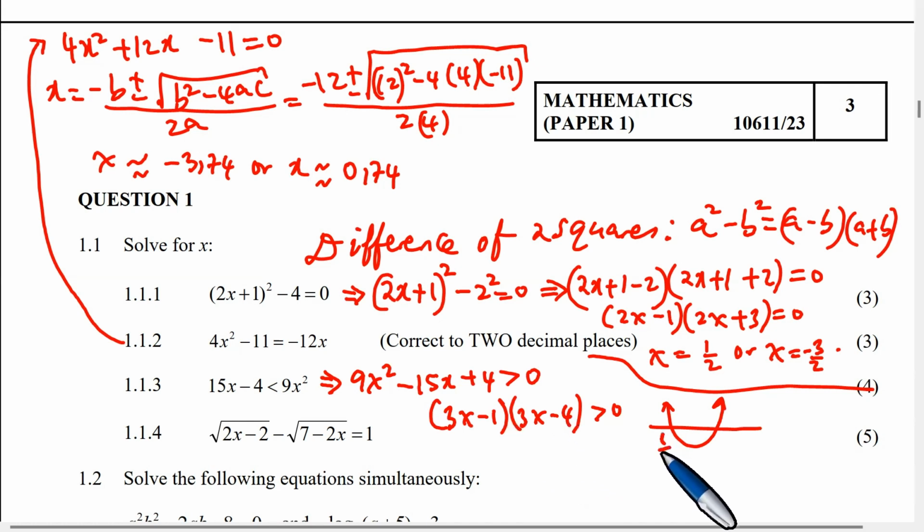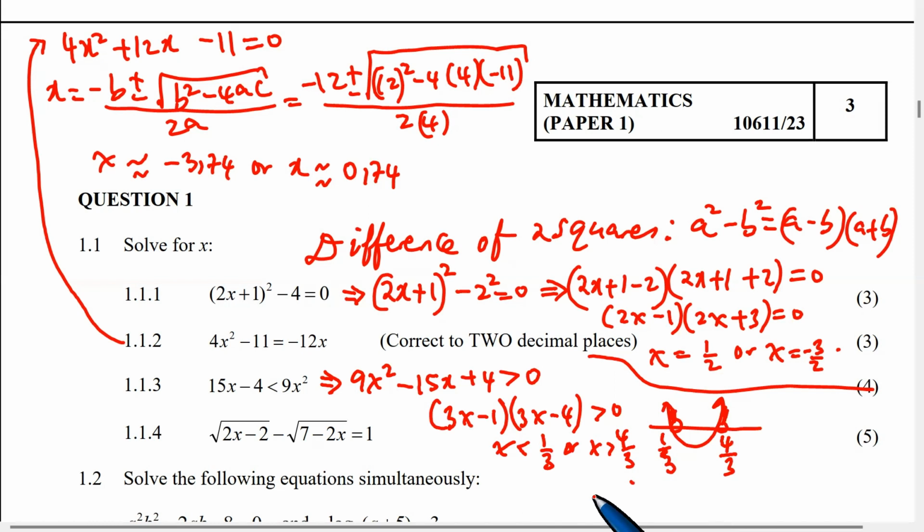So 1/3 is going to be here. Okay, so 1/3 here it is, and this one is 4/3. Right, from which we realize we require that these be greater than 0. We're looking at this part that is above there. Greater than 0 would mean we can realize, therefore, that x is less than 1/3, or x is bigger than 4/3.